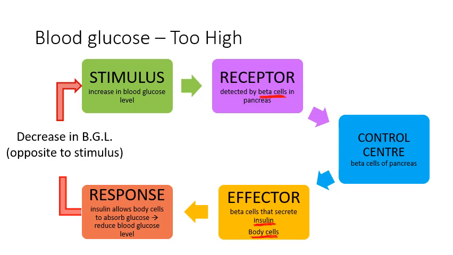So we end up with an overall decrease in the amount of glucose in our blood, which is the opposite to what we started with. Okay, so this is actually an example of a negative feedback loop.